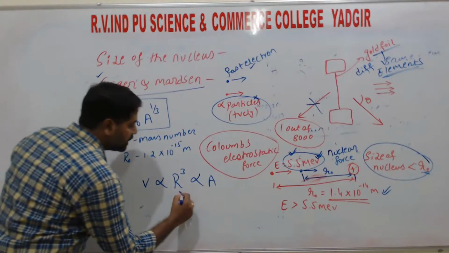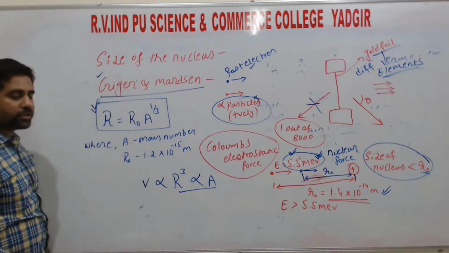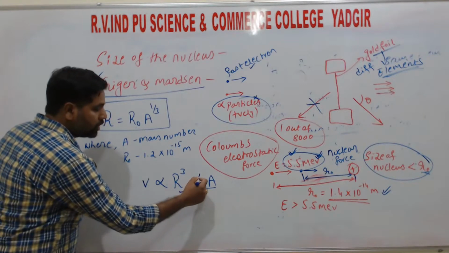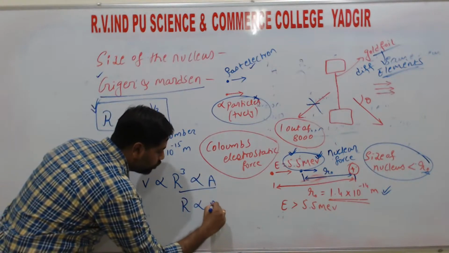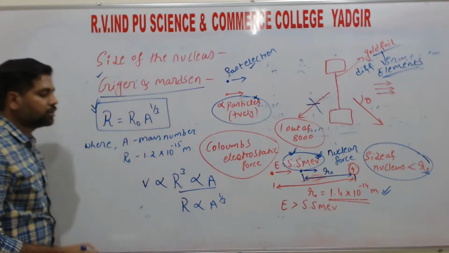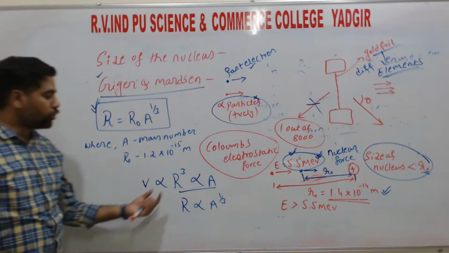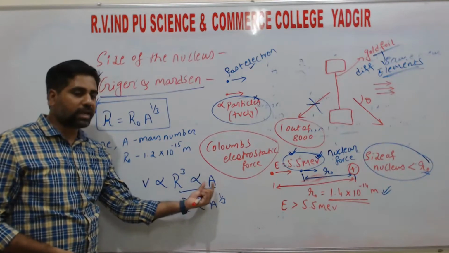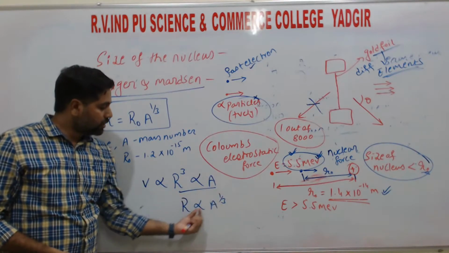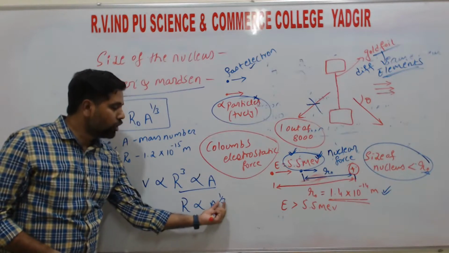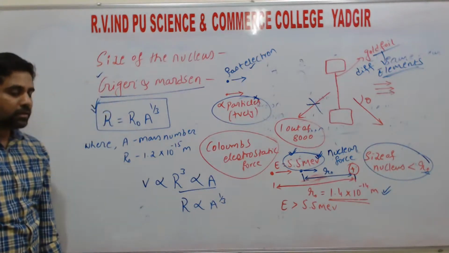From this relation, he gave the equation. Using R cube is directly proportional to A, he wrote R is proportional to A to the power of 1 by 3. That means taking the cube root on both sides, 3 by 3 gets cancelled, so we get 1 by 3. That means R is proportional to A to the power of 1 by 3.